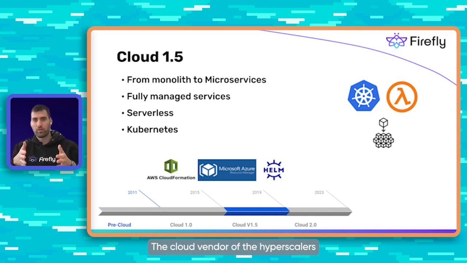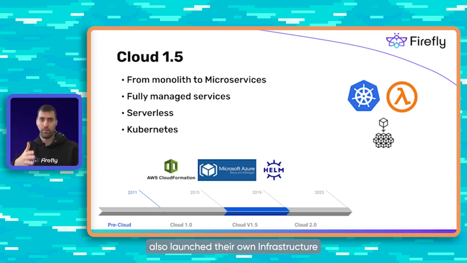The cloud vendors, the hyperscalers, also launched their own infrastructure as code tools like CloudFormation for AWS or ARM for Microsoft Azure. And the community launched Helm charts for deploying everything that we need in our Kubernetes clusters, like the Kubernetes deployment with the custom resource definitions, CRDs, operators, ingress or egress rules, etc.